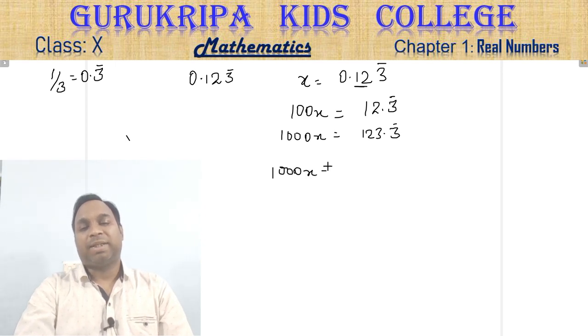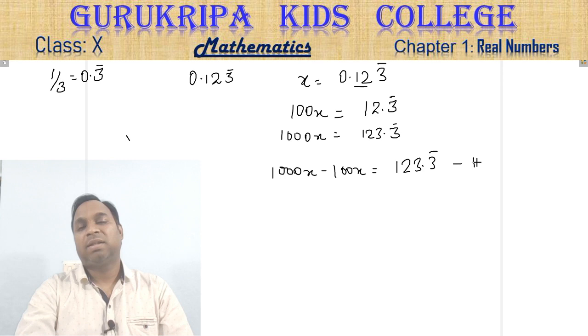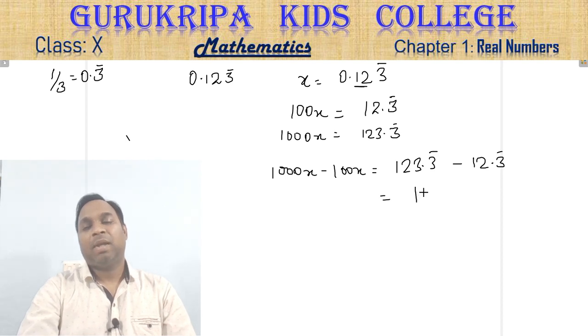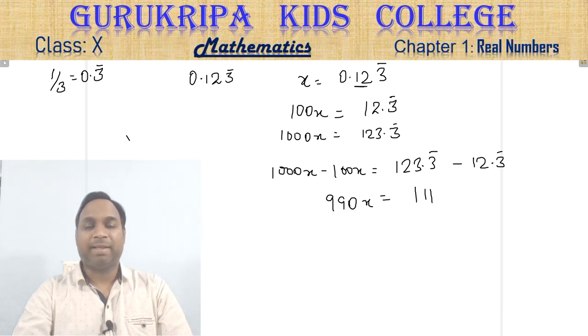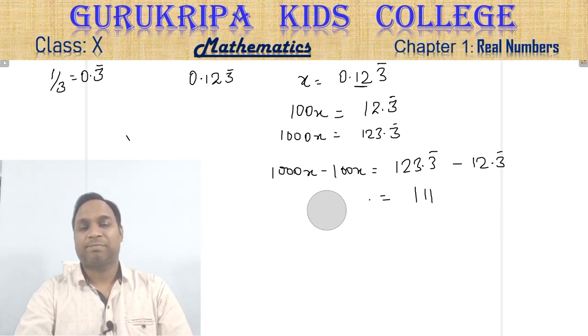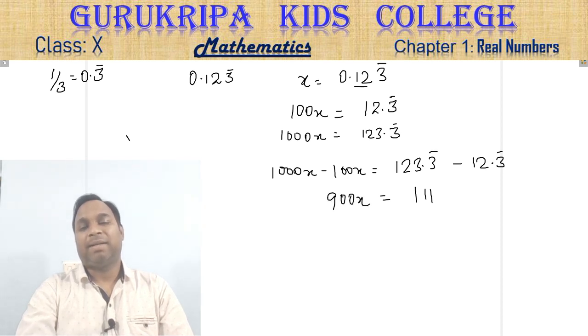Now take the difference once again. 1000x minus 100x is equal to 123.3 repeating minus 12.3 repeating. This will give us 111. That is equal to 900x. Sorry, 900x.